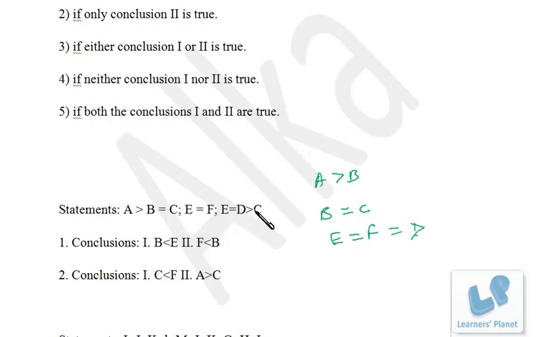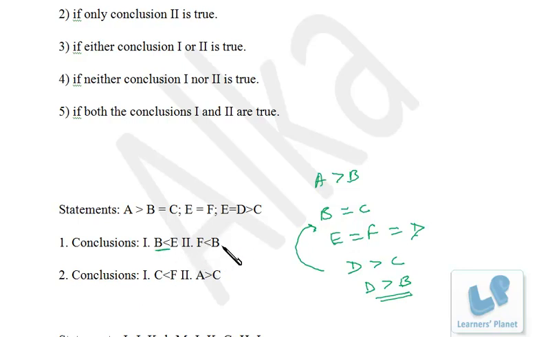And D is greater than C. So if I combine both of them, since B is equal to C and D is greater than C, that means D is even greater than B, right? Now the conclusion 1, B is less than E, that means E is greater than B. Now E and D, both of them are equal, and since D is greater than B, E must be greater than B. So this part is correct, right?